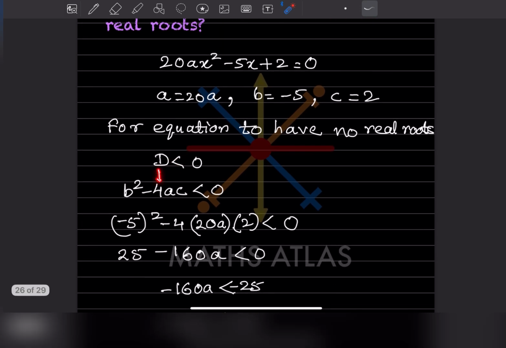So that will be b square minus 4ac is less than 0. So here will be minus 5 square minus 4 into this a is 20a, and this will be 2, is less than 0. So minus 5 into minus 5, that will be 25. And this will be minus, and when you multiply this one, that will be 160a is less than 0.